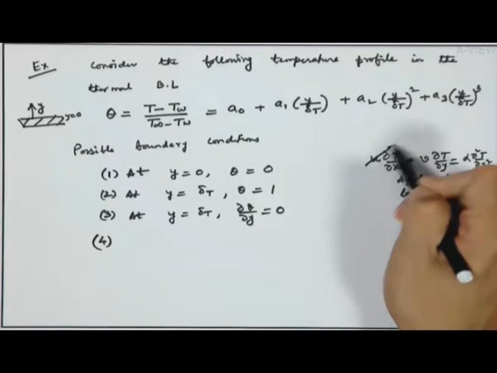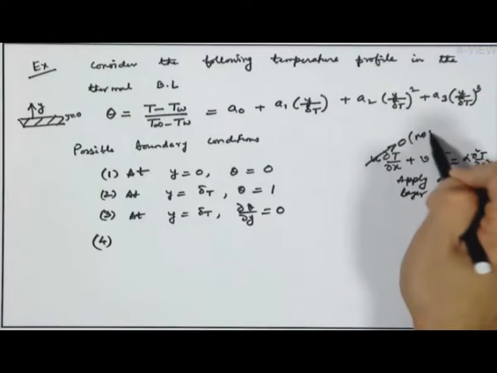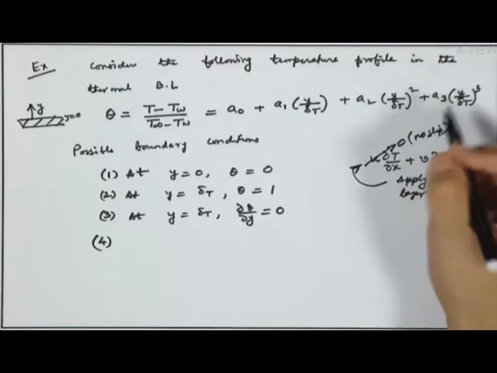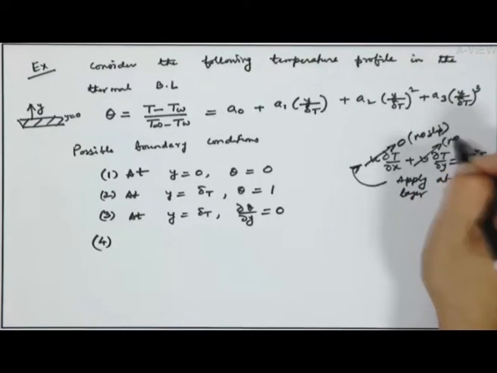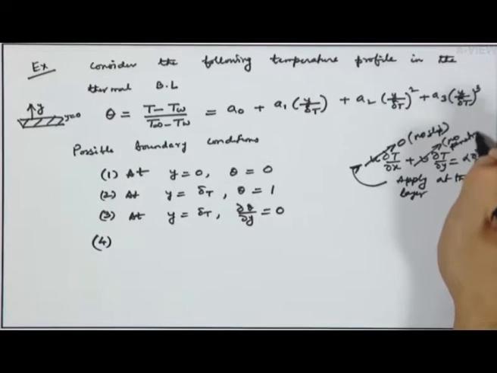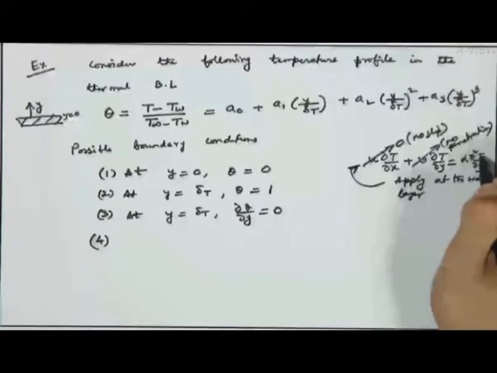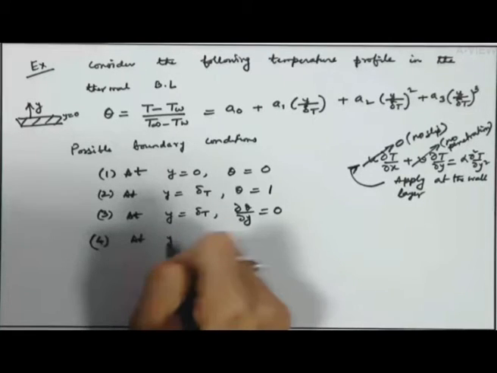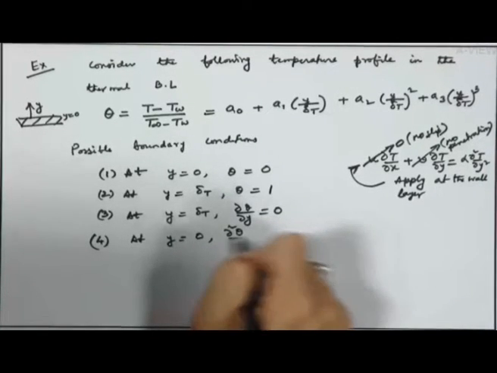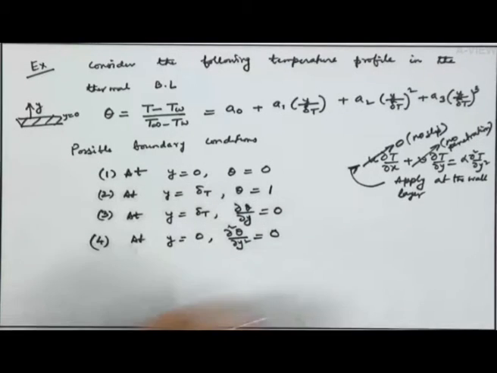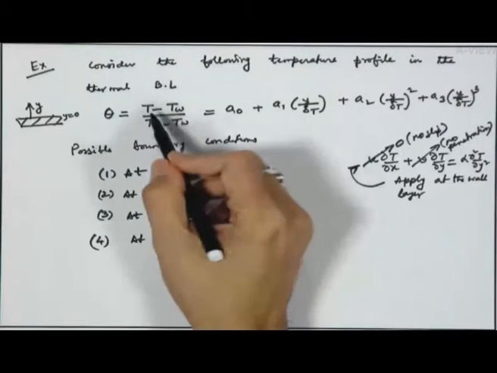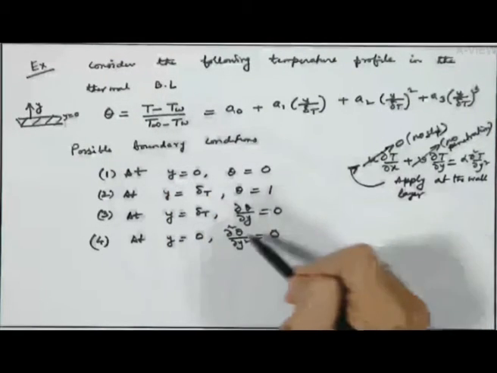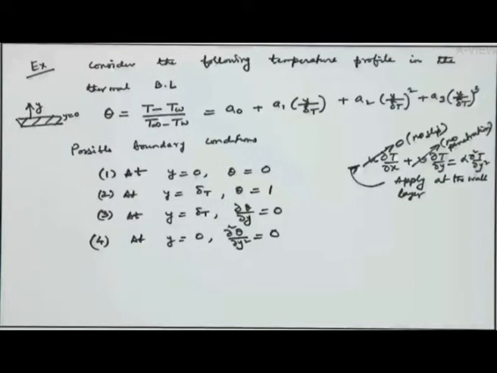So, there U is 0 because of no slip, V is 0 because of no penetration, that means you must have del 2 T del y 2 equal to 0, that means at y equal to 0 you have del 2 theta del y 2 equal to 0, because in the expression for theta except T there is nothing which is a function of y. So, del 2 T del y 2 is as good as del 2 theta del y 2.